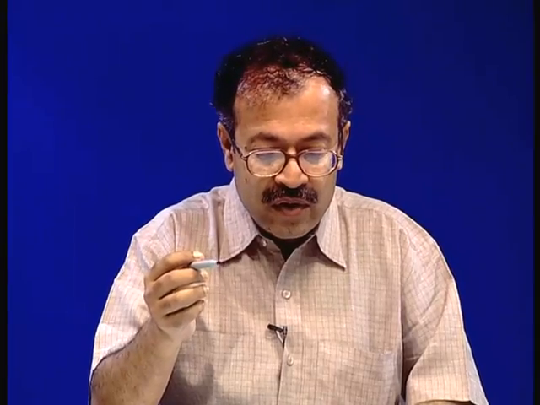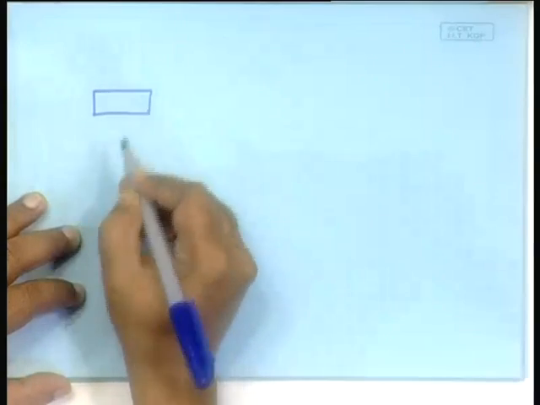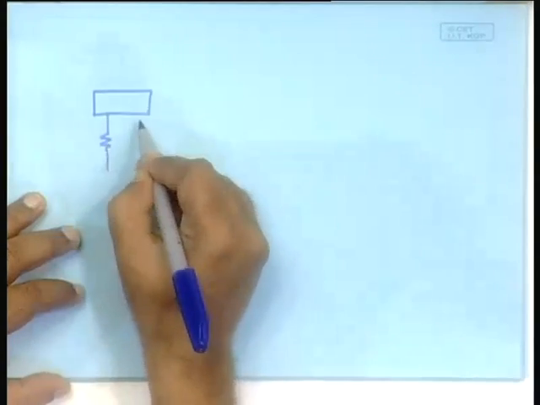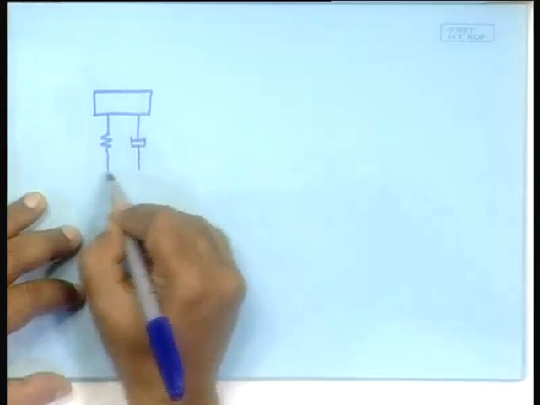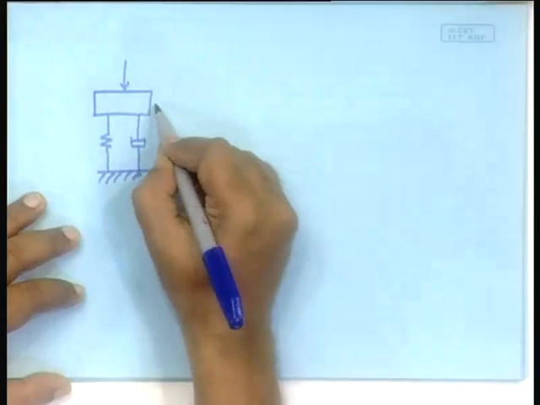Let us see an example. Let us start with an example that we have already done, the way we did for electrical circuits. For example, this is something that we already did. Mechanical system with this connected to the ground with some force acting on it.